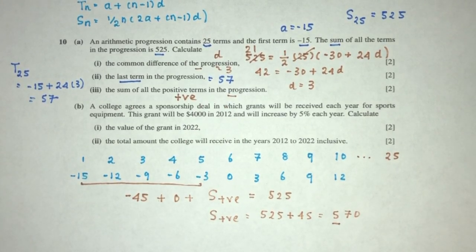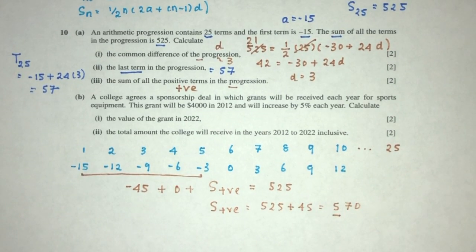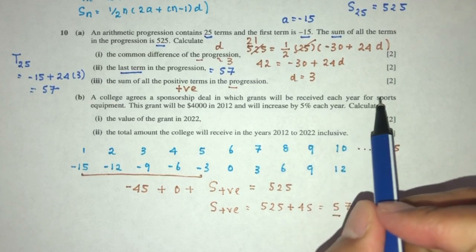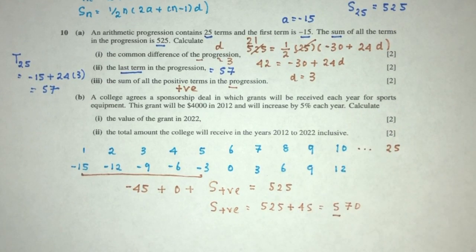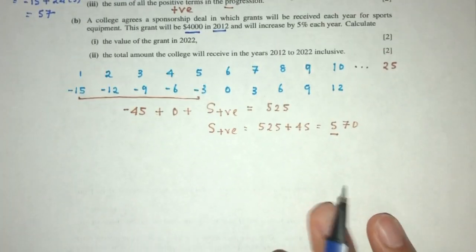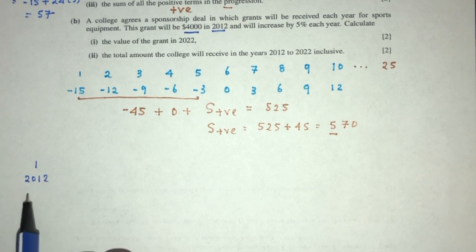Okay, now let's move on to part B of your question. A college agrees a sponsorship deal in which grants will be received each year for sports equipment. Now this grant will be $4,000 in the year 2012. So here we have the first term, 2012, it will be $4,000. Now, it will increase by 5% every year.